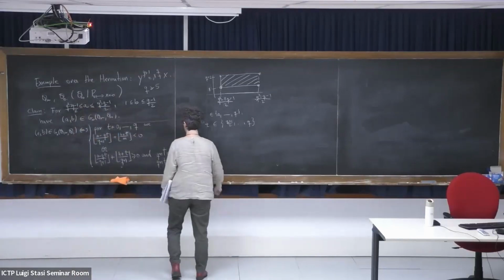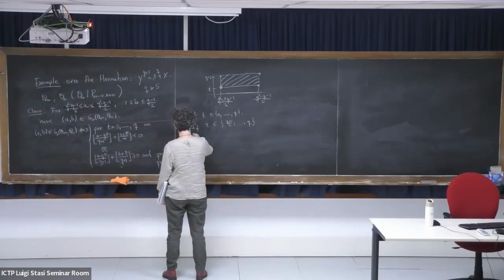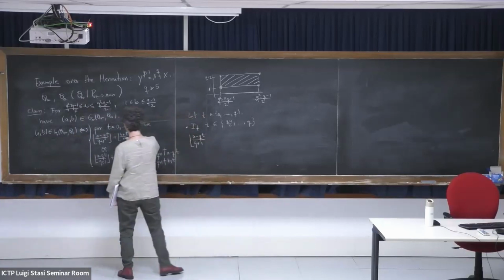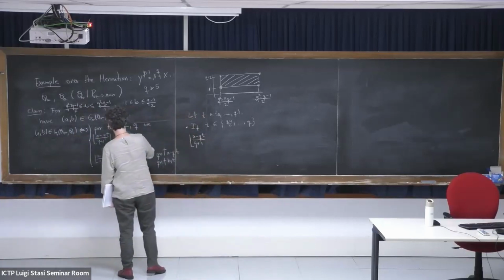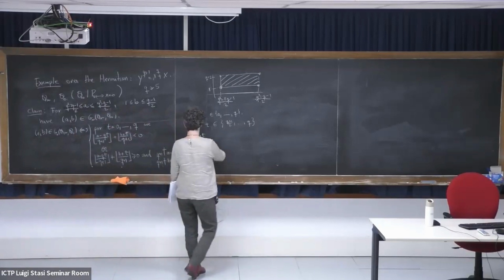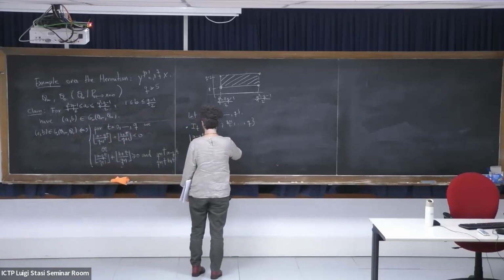So what we have is something like A minus this over Q plus 1, where M is Q plus 1, plus this over Q plus 1.